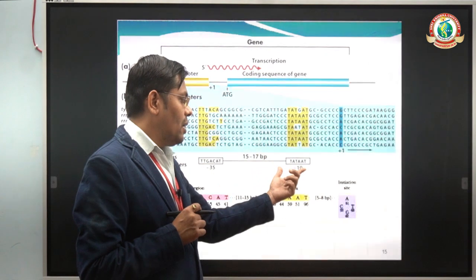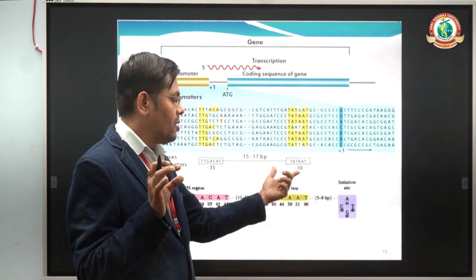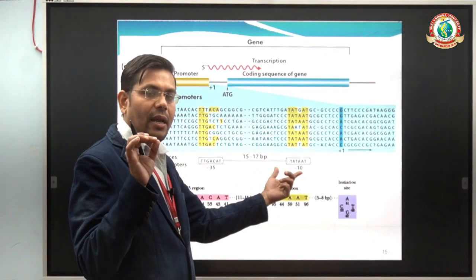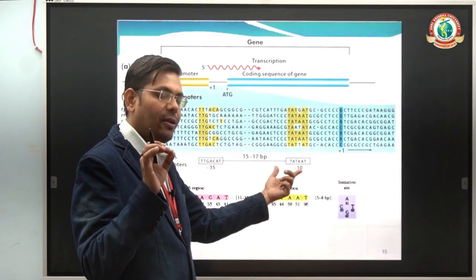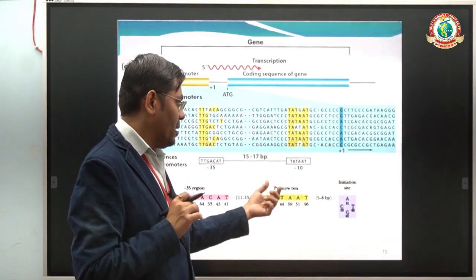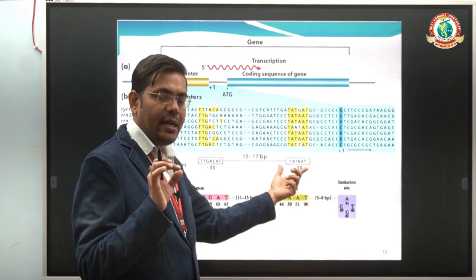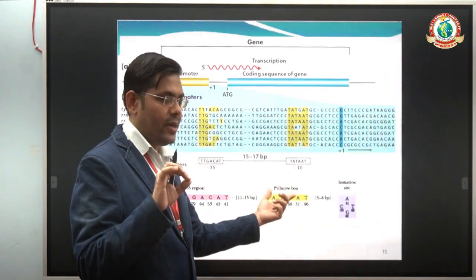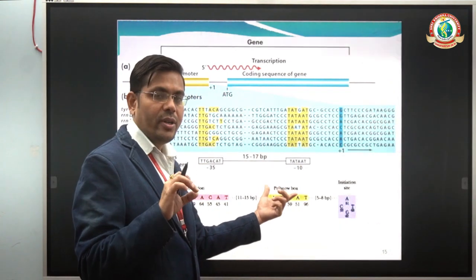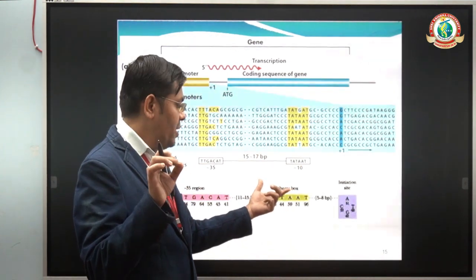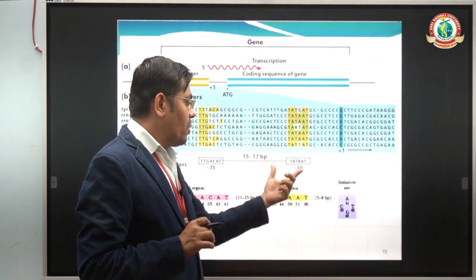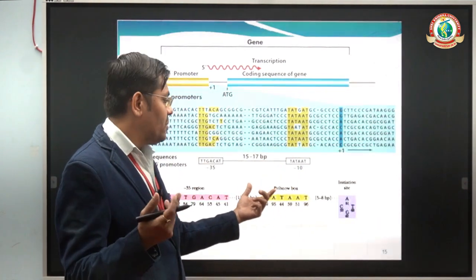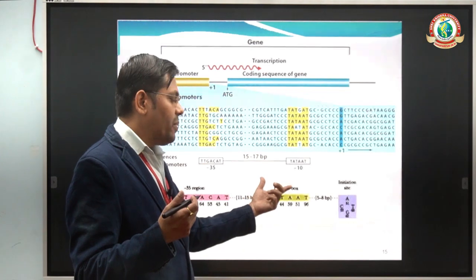The TATA box or -10 box is the box where adenine and thymine nitrogenous bases are rich in nature. This TATA box is also called the Pribnow box in the case of prokaryotic cells, and it is also a very important question for competitive examinations that the TATA box is also termed the Pribnow box.